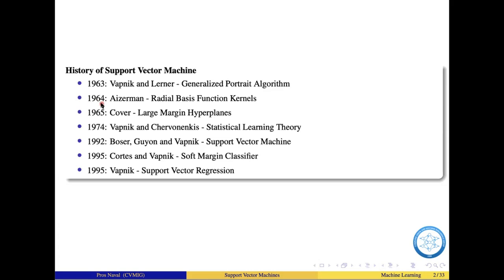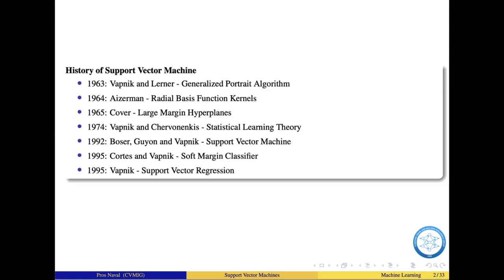In 1964, Mark Eiserman and his colleagues introduced the geometric interpretation of kernels as inner products in feature space. The following year, in 1965, Cover introduced the large margin hyperplanes.